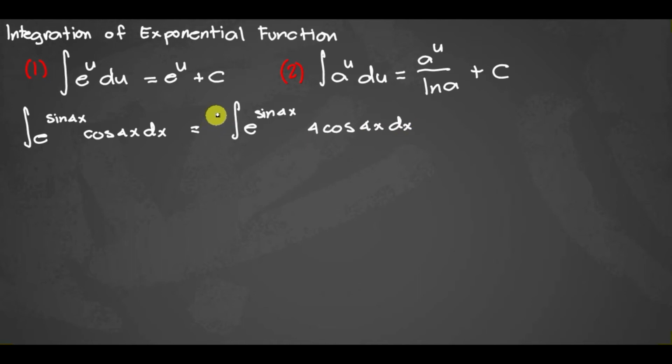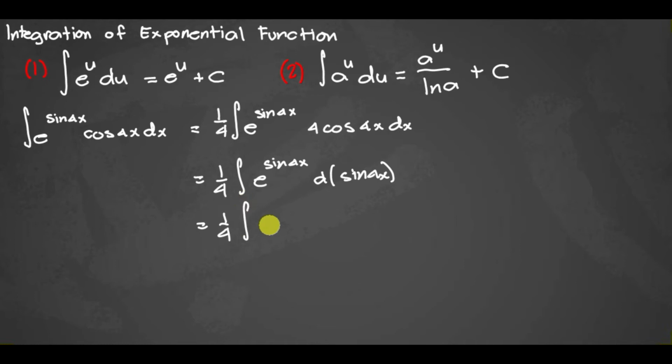And applying the neutralizing factor, that is 1/4, we have 1/4 e raised to sine 4x times the derivative of sine 4x. Now we will have our answer, that is 1/4 e raised to sine 4x plus c.